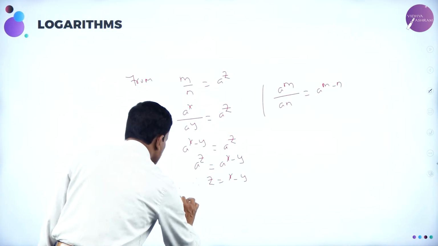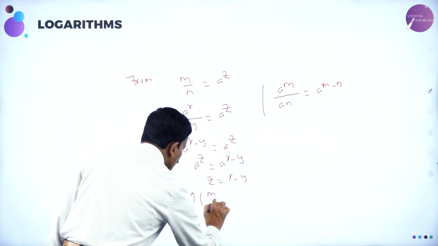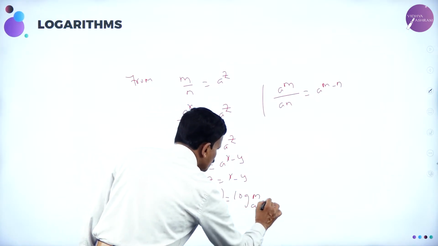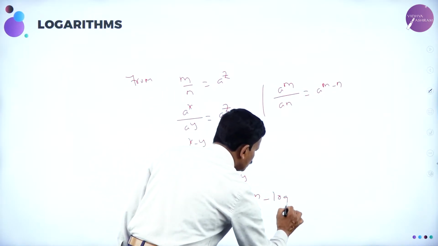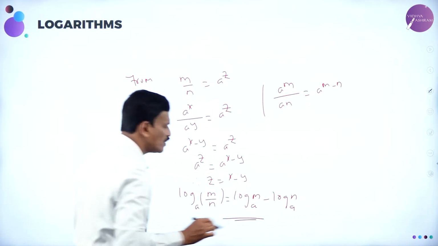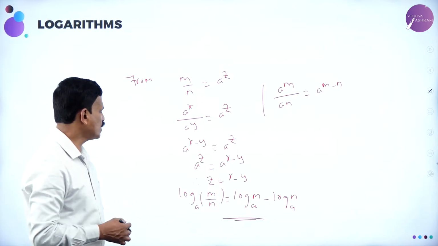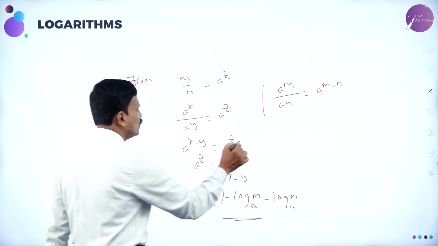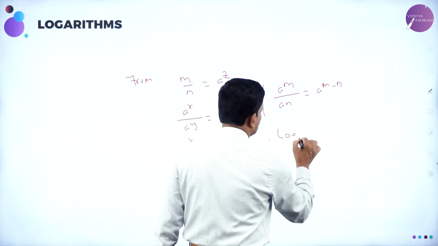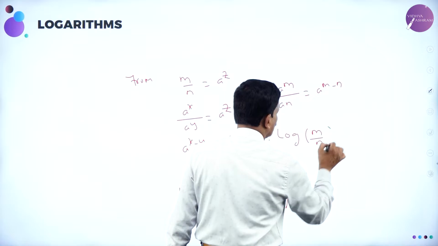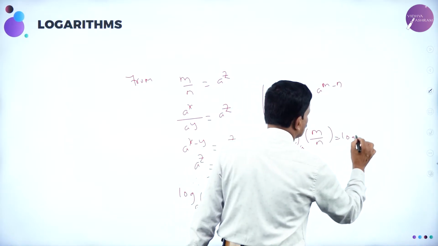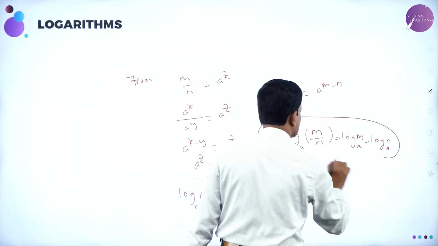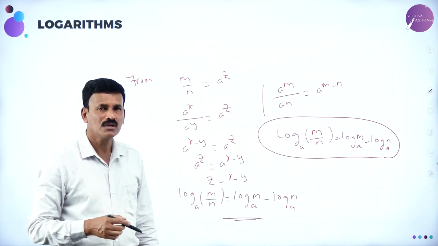So therefore z, which is logarithm of m by n to base a, is equal to log m to base a minus log n to base a, which is the required proof. That is the second law.